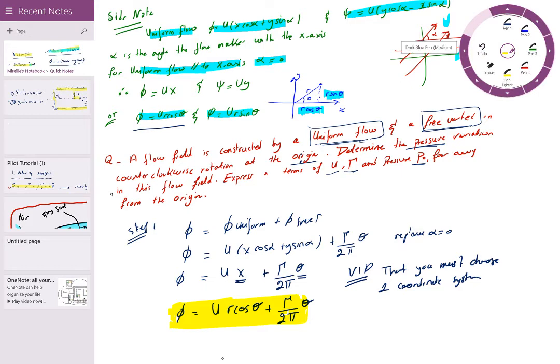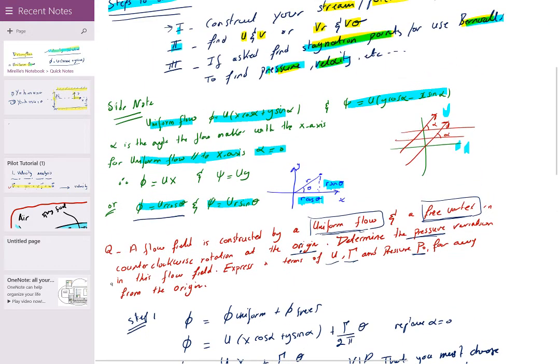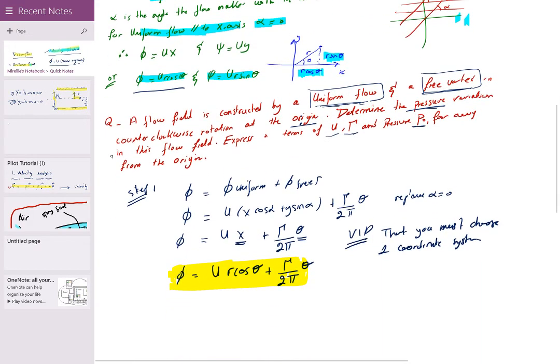So step number 2, let's go up and check. Find u and v, or vr and v theta. Obviously I'm working with r and theta, so I'm going to have to find vr and v theta. Those are given relations on your formula sheet.